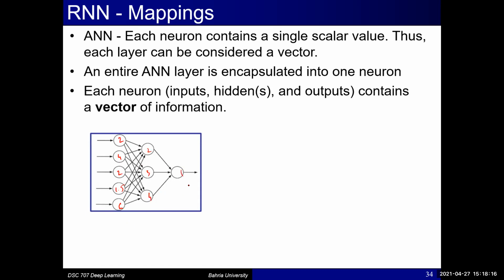What we can do is represent this complete layer by a vector, say V1. You are encapsulating this complete layer by a vector of 5, and I make one single neuron like this. Similarly, this complete layer can be encapsulated by a vector of 3, and you can represent it in this form. And this is already a single value, so you represent it like this.